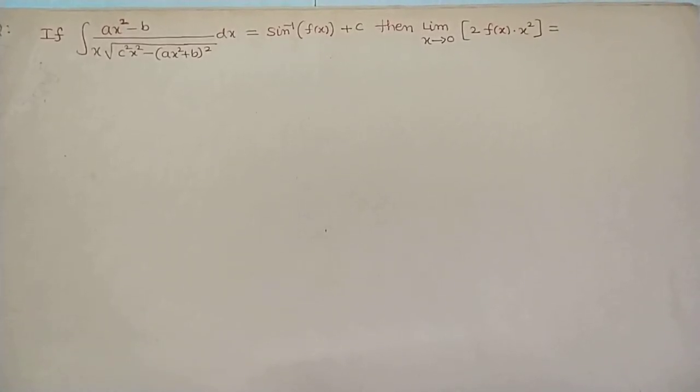The next question. If the integral of (ax square minus b) divided by x into square root of c square x square minus (ax square plus b) whole square into dx is equal to sine inverse of f of x plus c, then limit x tends to 0 of the bracket 2 into f of x into x square is equal to.